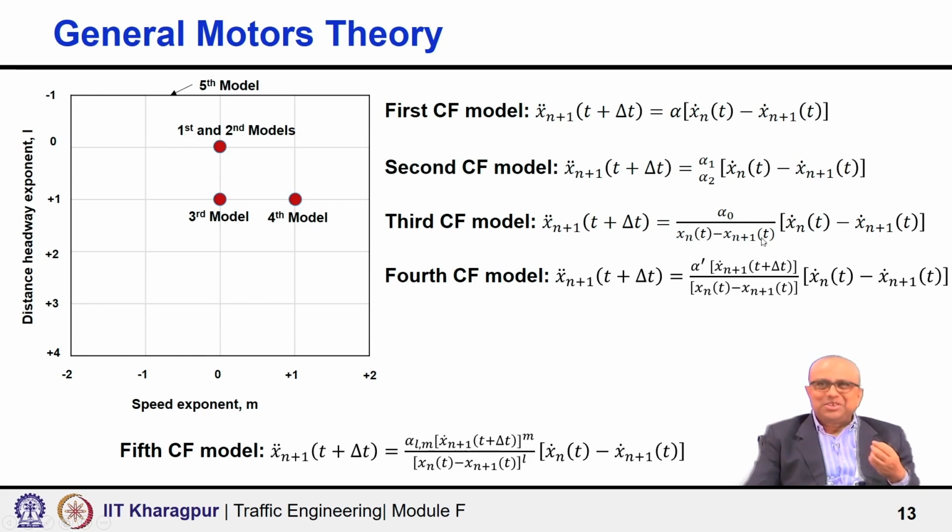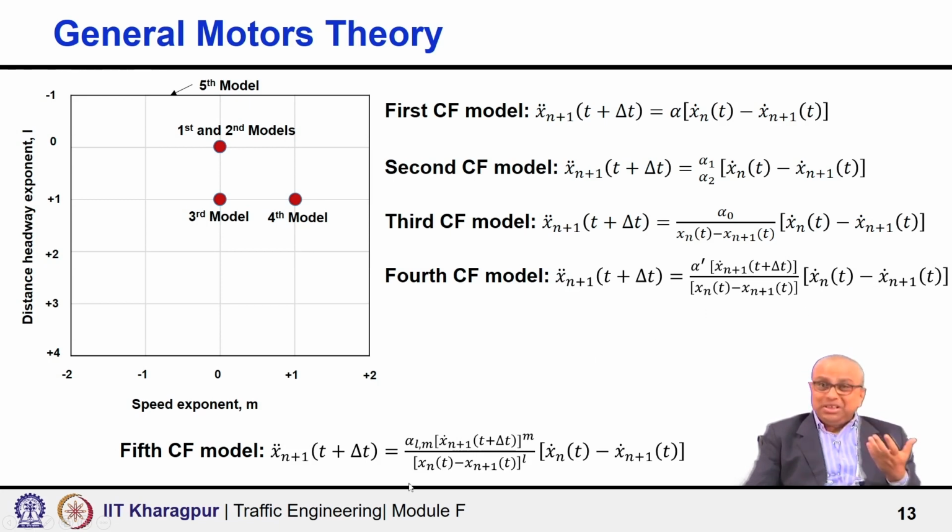That gives you the third generation model. The fourth generation model you get when both L as well as m are 1. Then a constant multiplied by the speed of the following vehicle divided by the spacing between the lead and the following vehicle. So, L is 1, m is 1, that is nothing but the fourth generation model.